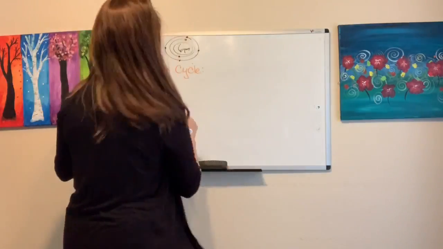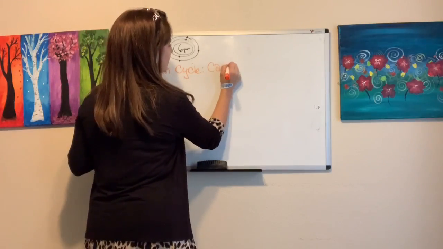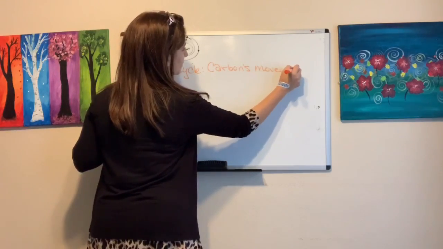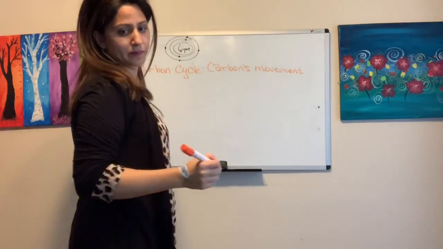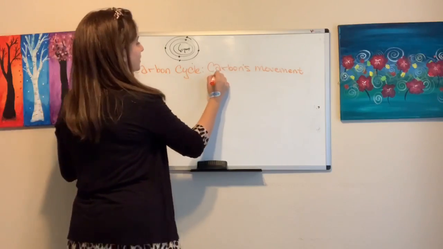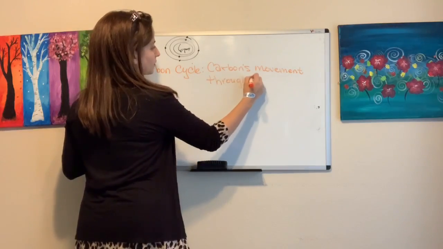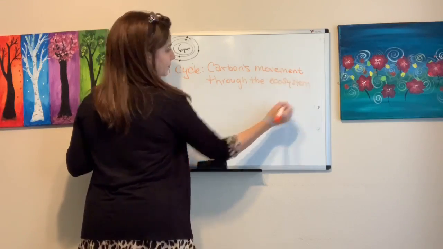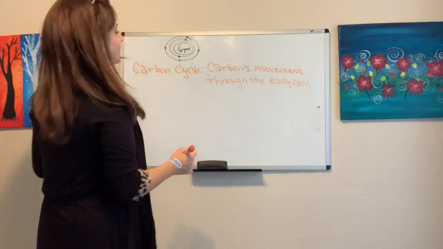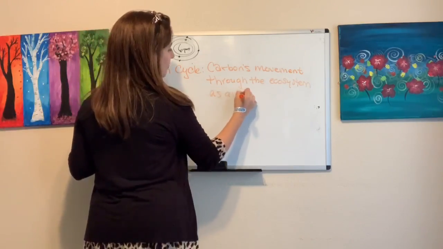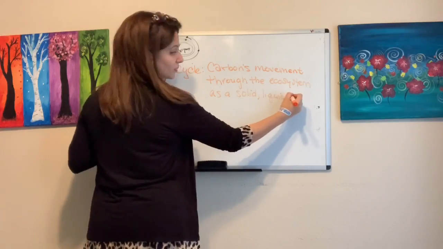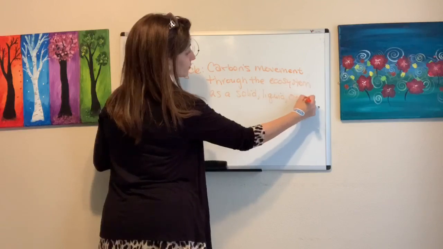And the definition is carbon's movement through the ecosystem as a solid, a liquid, or a gas.